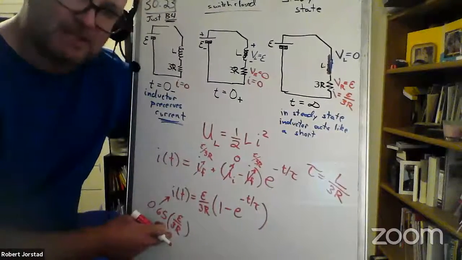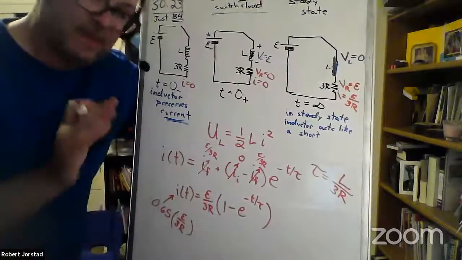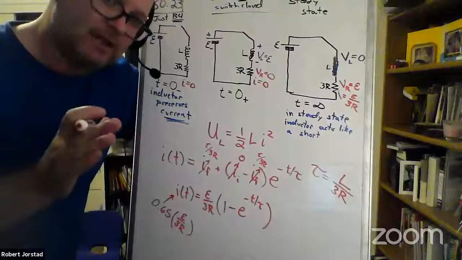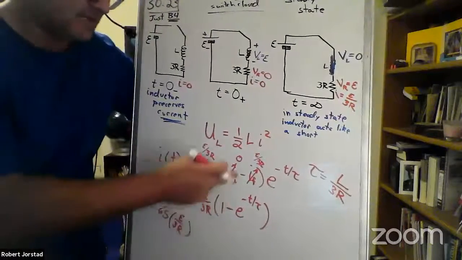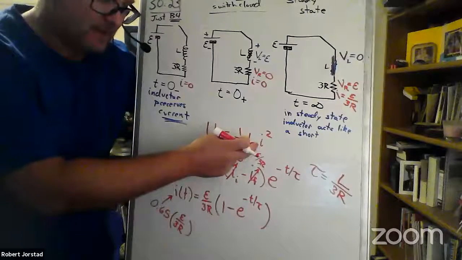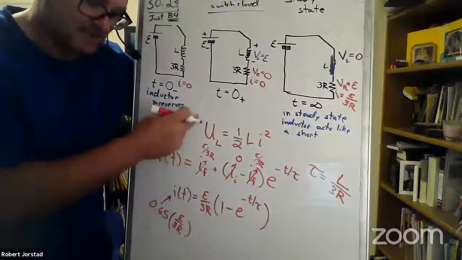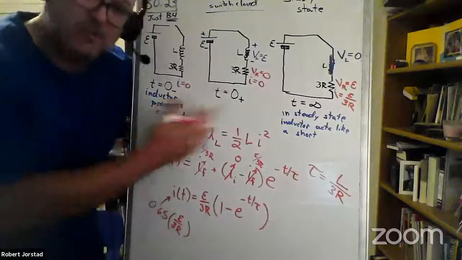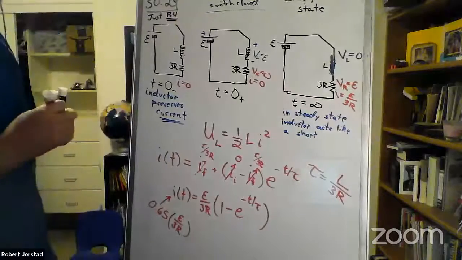And that's if we're talking about reaching 65% of the current. The other option would be if we wanted to get 65% of the energy. First I would plug this equation into here, and then I would say U of t equals 65% of U max. And so I'll show you both of those here.